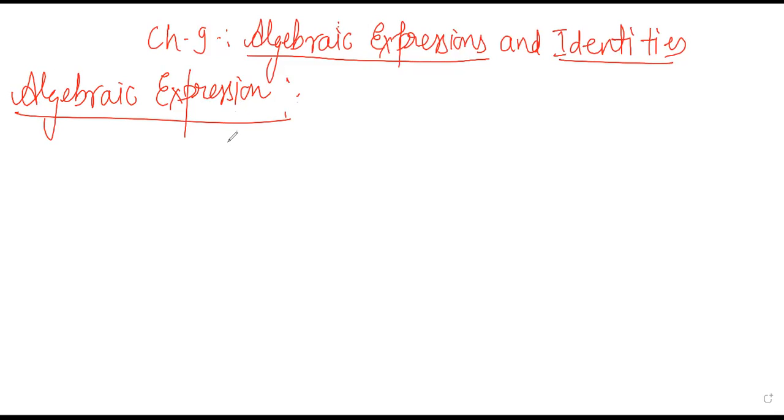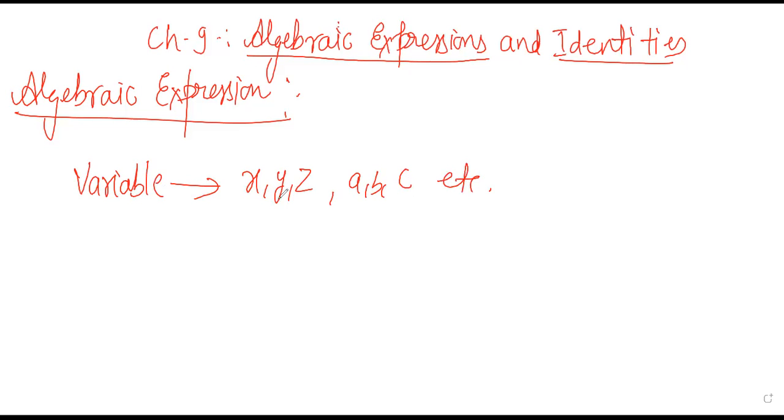So I will give you a brief introduction of variable and constant. Variables, everyone knows, are the English alphabet letters x, y, z, a, b, c, etc. And constant means a numerical value that is fixed, like 3, -7, 4, 8.